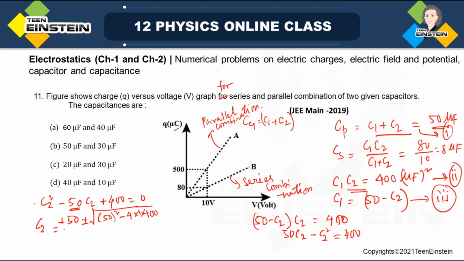Okay, 400 divided by 2 into A means 1. Okay, so if we solve, what we get?